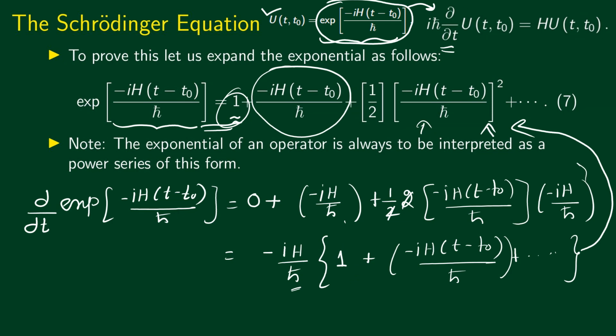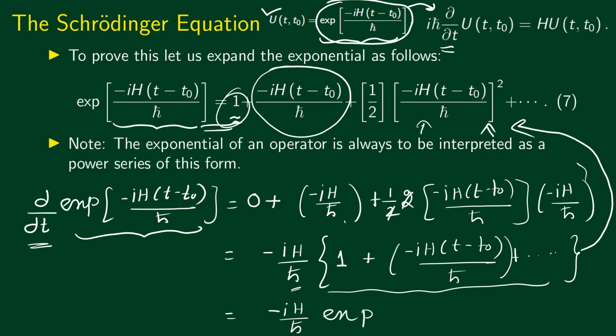But I think the idea is clear. We have the same power series in here, which means that the partial derivative with respect to time of exponential minus iH(t − t0)/ħ is equal to minus iH divided by ħ times the exponential function, exponential minus iH(t − t0)/ħ.